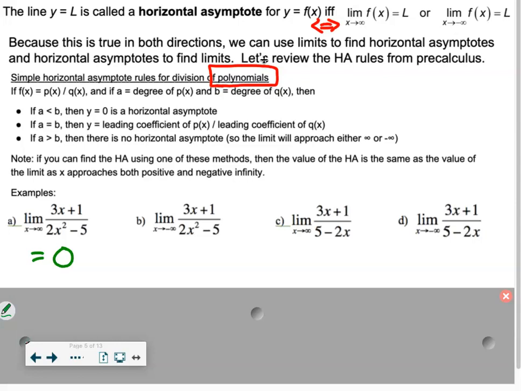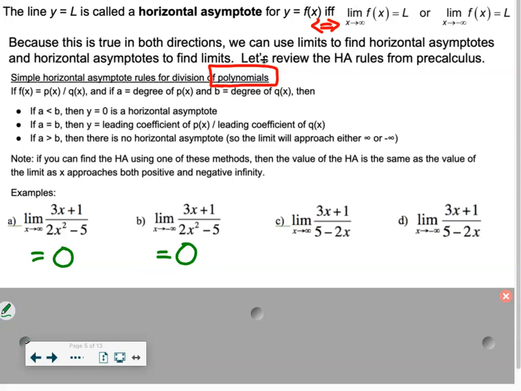All right. So, Pranav, what did your group get for the next one? Also 0? Why? Yeah, same thing, right? Infinity, negative infinity makes no difference.